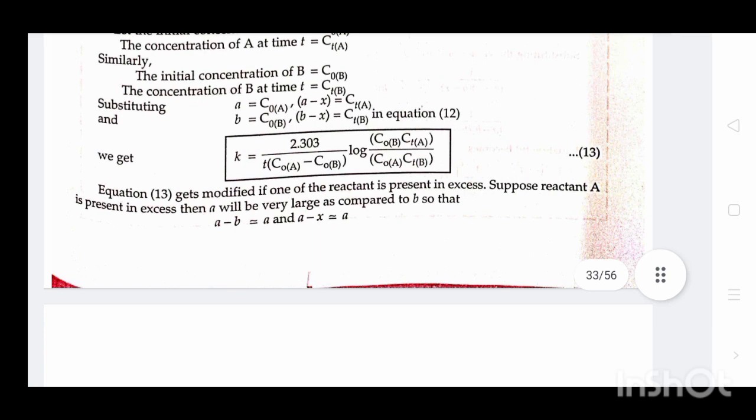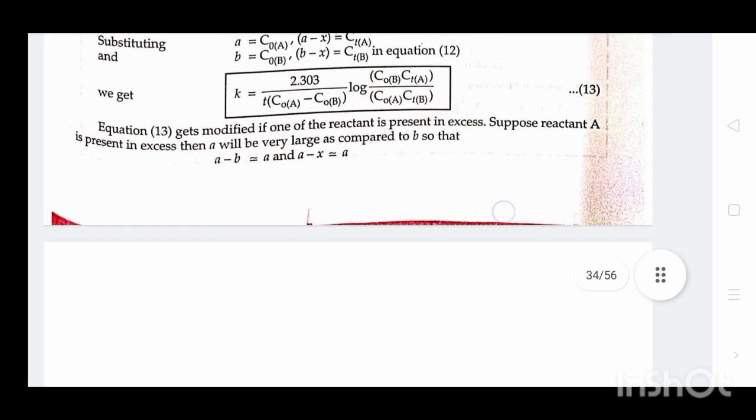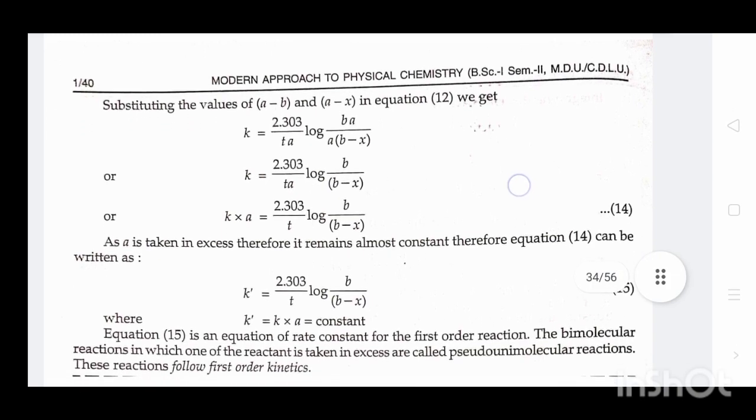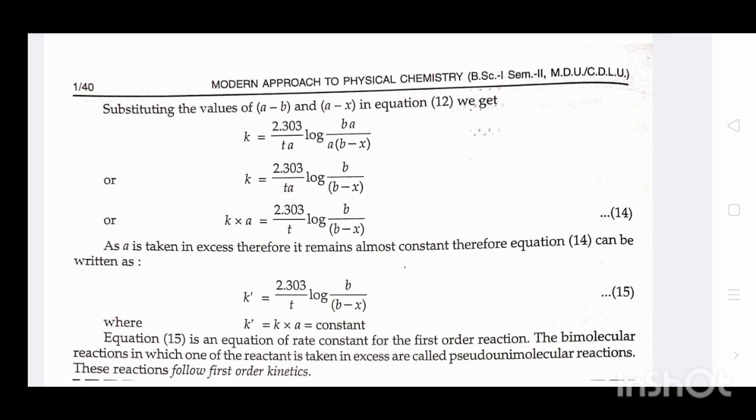Equation 13 gets modified if one of the reactants is present in excess. Suppose reactant A is present in excess, then a will be very large as compared to b, so that substituting the values of a minus b and a minus x in equation 12, we get k equals 2.303 divided by t a log b a divided by a into (b minus x).